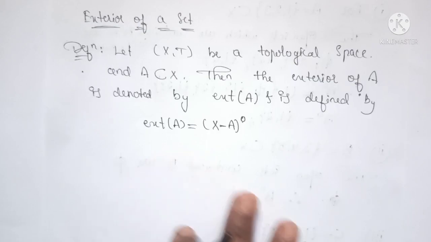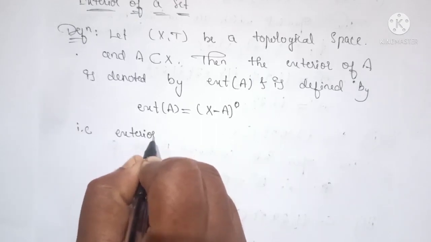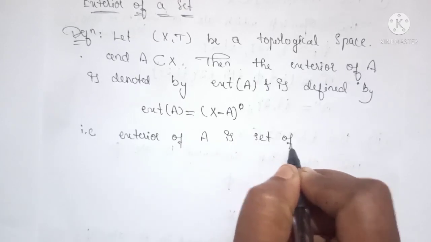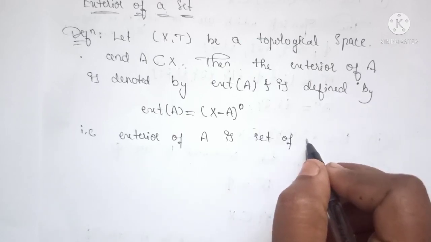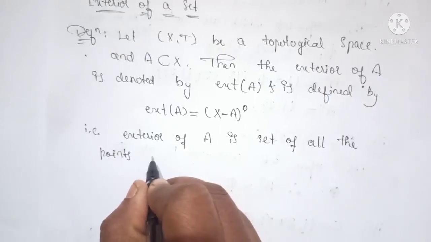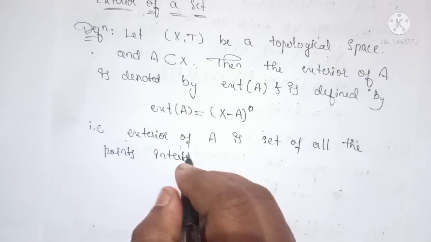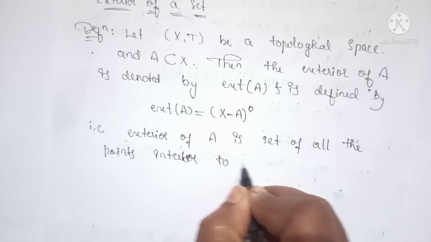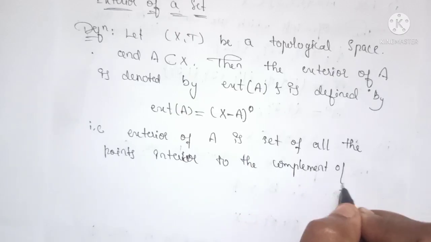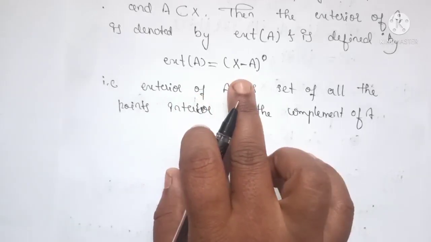Okay, so clearly we can say that exterior of A is the set of all the points interior to the complement of A. So exterior is nothing but interior of A complement.